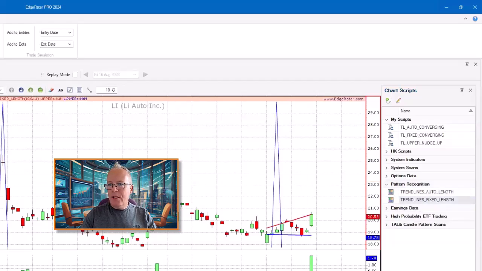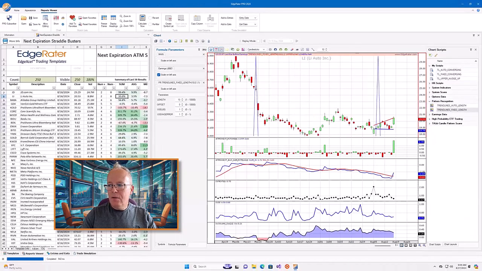And by default, the length of this line is set to 10 bars, and I can change the length to be however many I want. So it's always going to draw the line over that many bars, and trying to find the line with the least error, essentially. So as I go out and make this line longer, then it's just trying to find the best drawn line between all those data points.